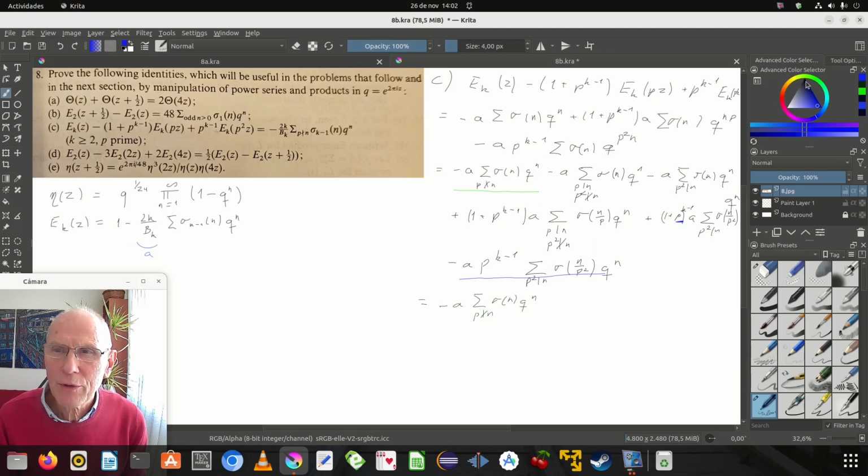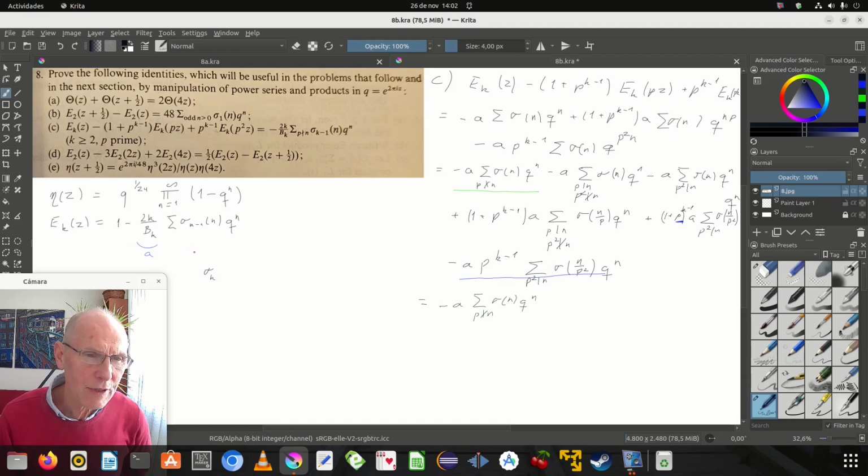I need to be very thorough here. Let's have a case where p divides n, and then the number of divisors of n divided by p. That sum, oh, it's k minus 1.